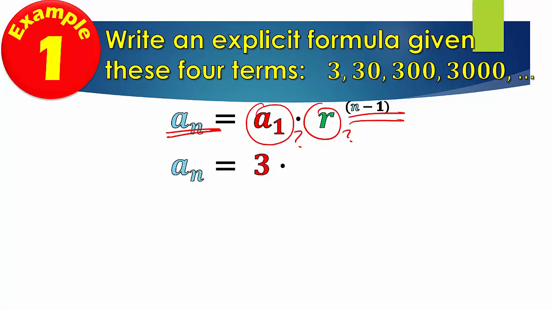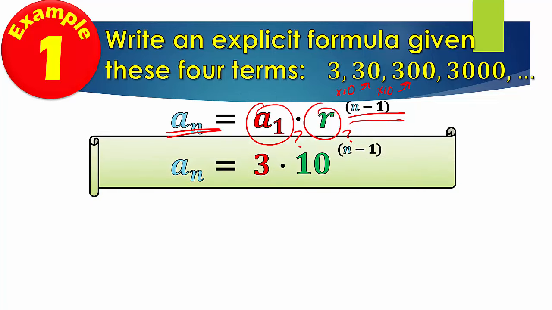What's the common ratio? What are we multiplying by each time? Well, if we look, 3 times 10 is 30, times 10 is 300. You get the idea. So our common ratio is 10 because that's what we're multiplying by each time to get the next number. And then we keep the n minus 1 up in that exponent spot.